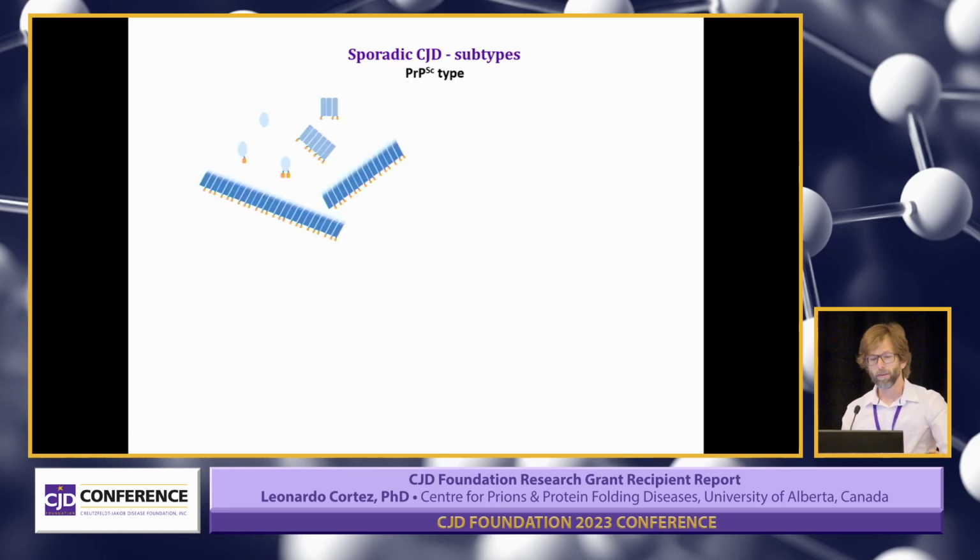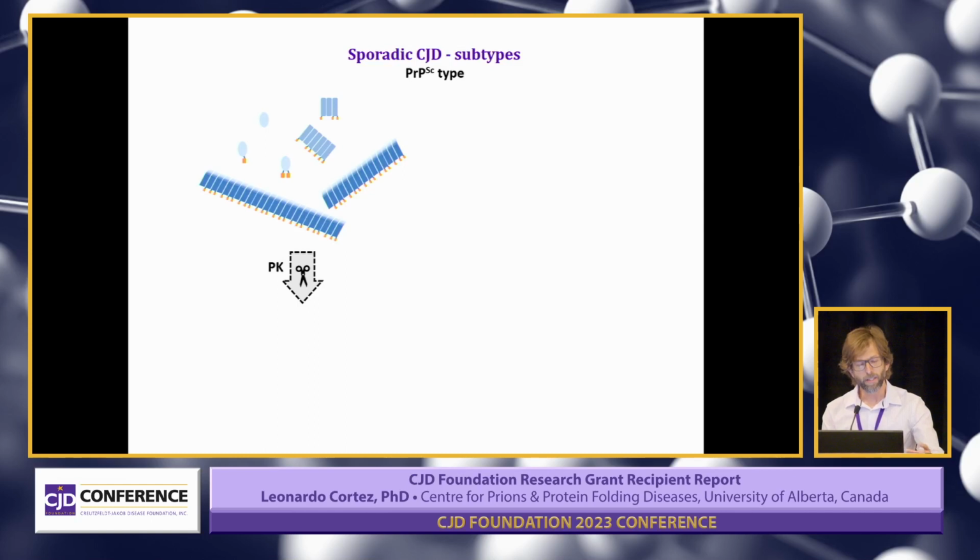The other aspect for this classification is the type of prion that the CJD patient has. Like I mentioned, in the brain, different forms of prion are accumulated. Some of these forms are more compact, and some are less compact. If we treat these prions with proteinases, which are molecules that degrade proteins, the proteinases cut the proteins into small pieces.